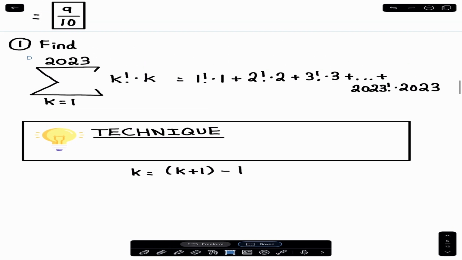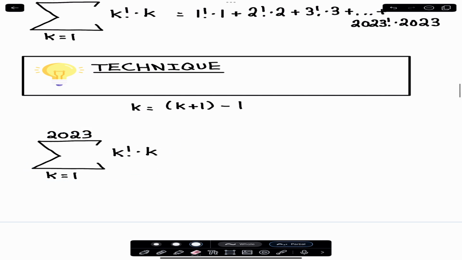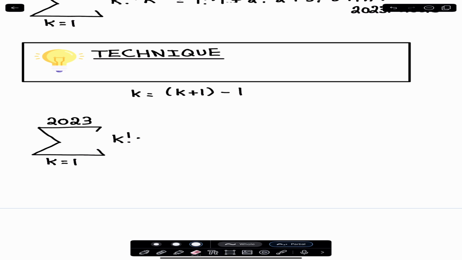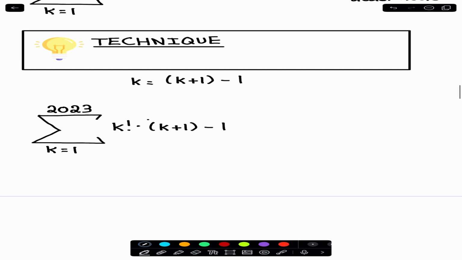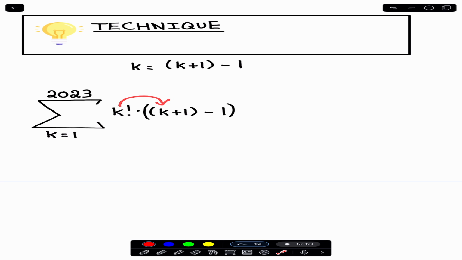So if I take the question that we have to evaluate, this k over here is just going to be replaced with this, because they are equivalent. So if we just pop that in here, awesome, like this. And I'm going to put another pair of brackets, because now we are going to distribute this k factorial across these two terms.